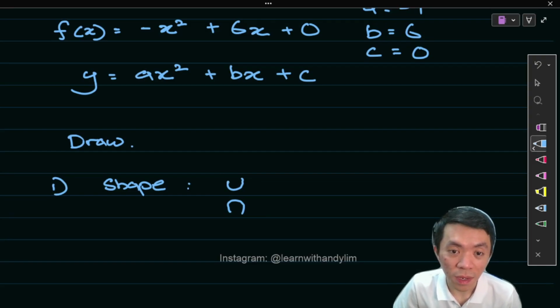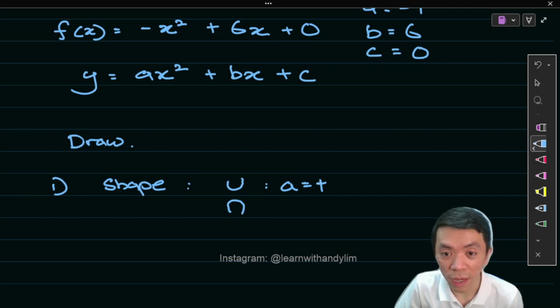So remember what I told you earlier? For a U shape, we can see a smiley face right here. This is when my a is positive. When I have a positive a, I will have a smiley face. Just remember, whenever in your exam result you got A plus, you are smiling.